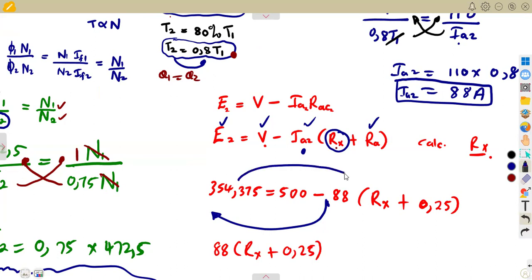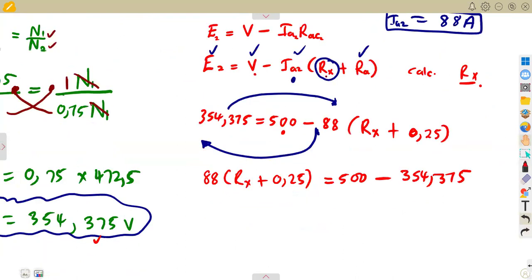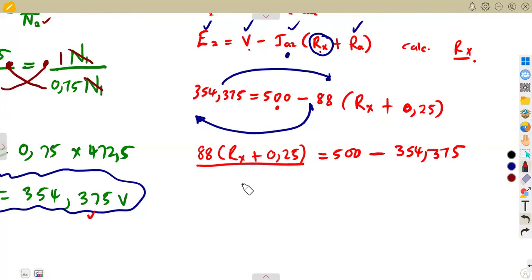Transpose 354,375 to this side. Already there's a 500 there, take note. So it's going to be 500 minus 354,375. So that is it. We can even divide by 88 both sides to remove this.